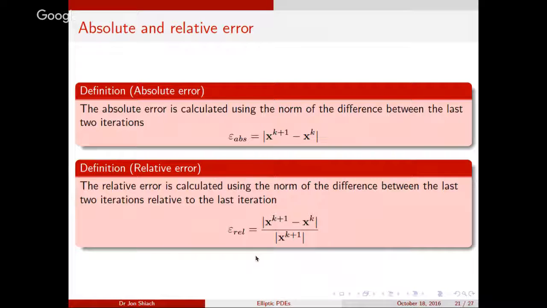The relative error takes into account the size of our solution. So you do the absolute error, then you divide by the norm of your most recent iteration. That's the difference between your last two iterations relative to the last iteration.